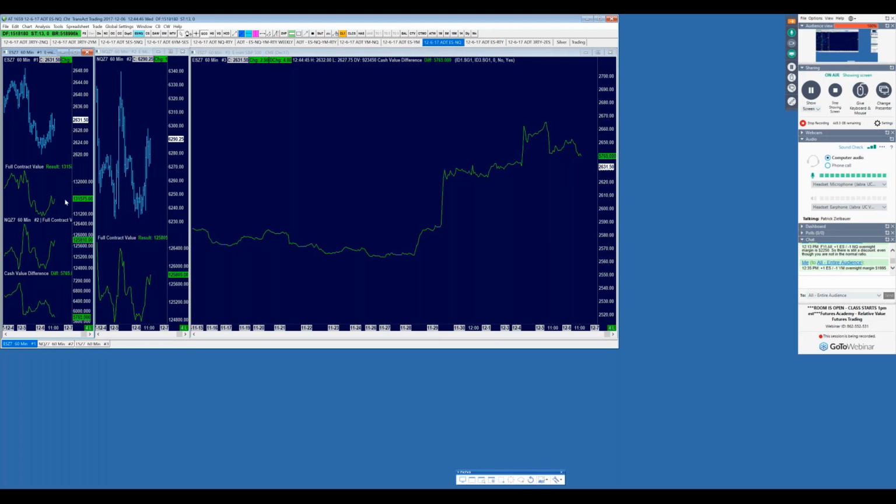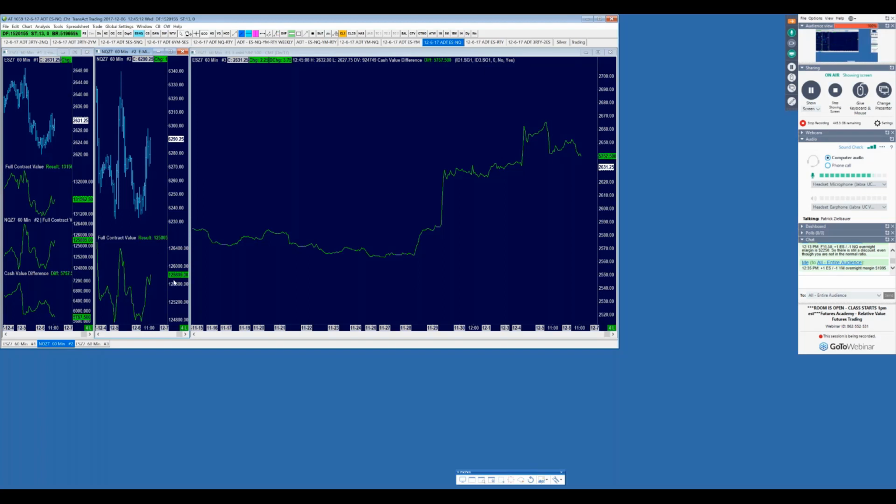Down here, right below that, this is a study called full contract value, which all it does is multiply the price times the value per point of that index, which in the case of the S&P is $50. Okay, and then over here this is the NASDAQ, and this is doing the same thing. So it's taking the current price of the NASDAQ, 6291, multiplied by the point value, $20, and it yields this value.